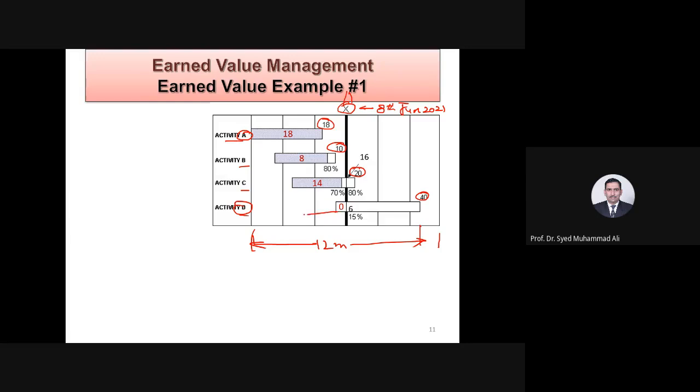See this strip and see this strip. I'm referring to strip A and strip D. Strip means this sort of a bar, this horizontal bar. D and A, what is the difference between the two?